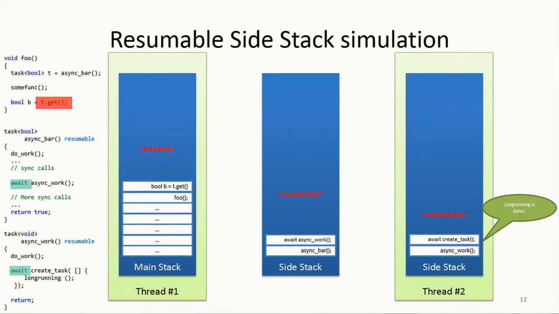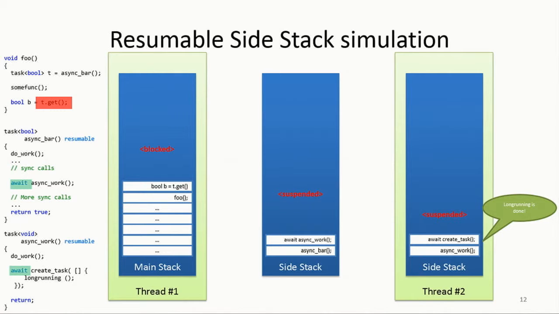Now it's very important because what actually happens is async work up to the create task function ran on one thread. It suspends. Now when it resumes, it's running on a different thread. So with a resumable function, you can actually have thread switches happening halfway through your execution of a function. It is a bit jarring at first.